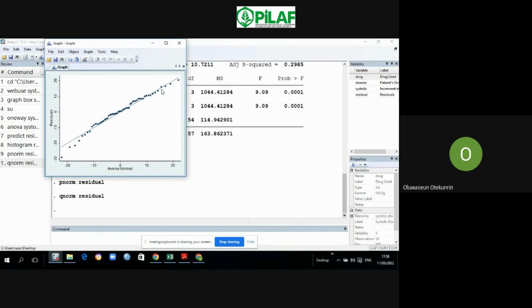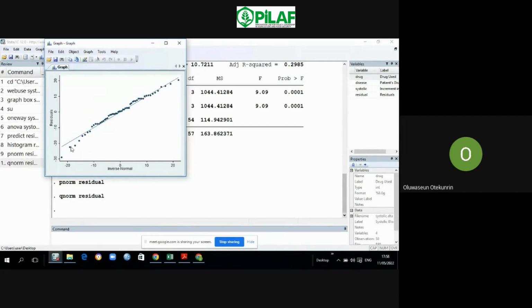But by and large, if you look at what you have here and what you have here too, and you consider the other results that you have been obtaining, and the fact that ANOVA is robust to some of these violations, you can proceed and conclude that your residuals are normally distributed. For the QQ plot, you focus on the tails, while for the PP plot, you focus on the center.